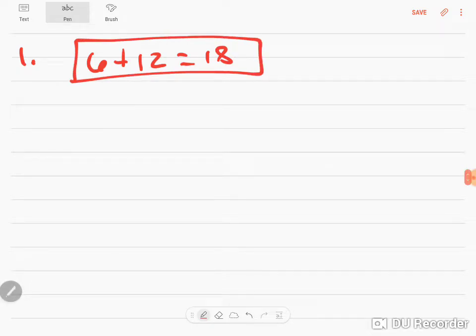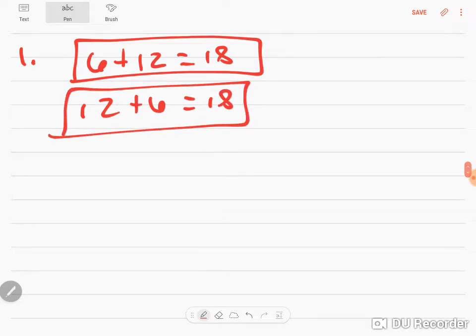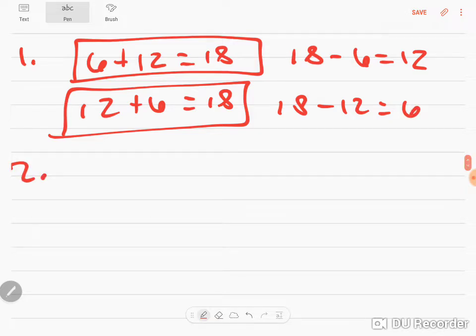Another way I can do this is 12 plus 6 is 18. Those are my 2 additions. My subtraction would be to take 18 minus 6 equals 12, and the other one will be 18 minus 12 equals 6.